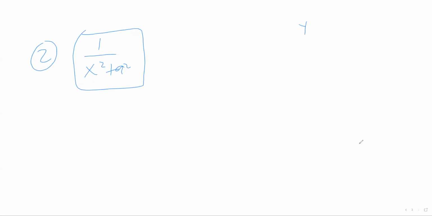If you remember inverses of trigonometric functions, for example tan inverse, the derivative of this, using the implicit method, is 1 over 1 plus x squared. What do I mean?